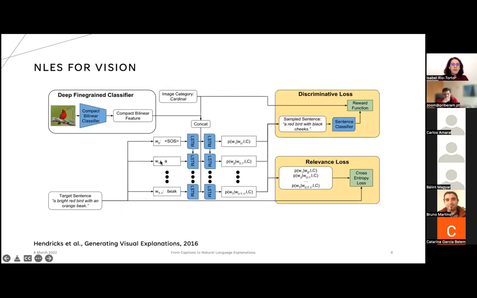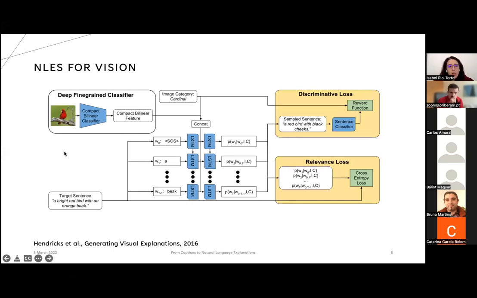So this is, I would say, the first and the seminal work on generating natural language explanations. It is the one I was referencing in the previous slide. And it was basically proposed in 2016, more or less. It uses a compact bilinear classifier, not only to classify the image, but also for feature extraction. And then they use an LSTM conditioned on the predicted class label and on the target sentence.